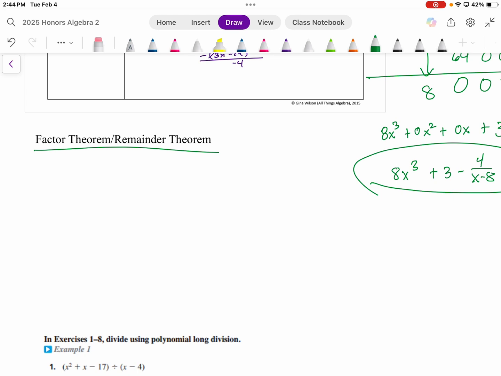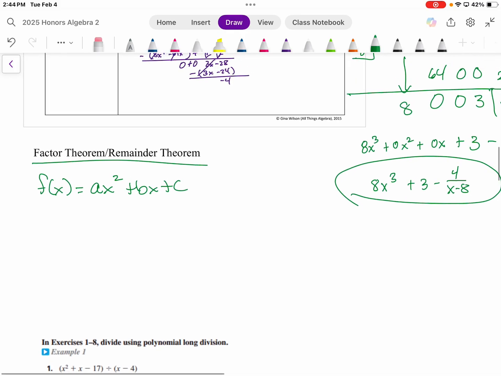Let's try this. If I have f of x is equal to ax squared plus bx plus c, and we say that x is equal to d. We're going to let x equal d, where d is a number.